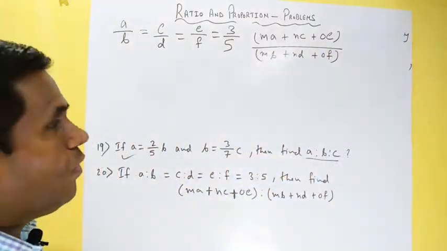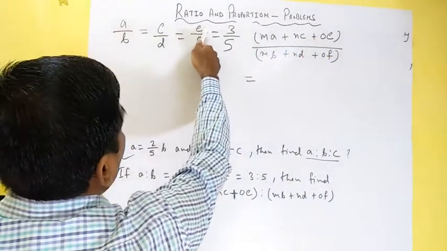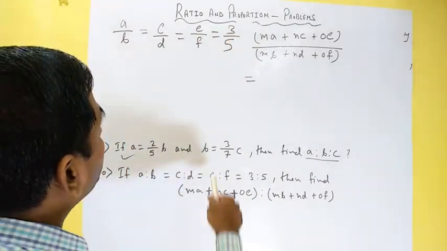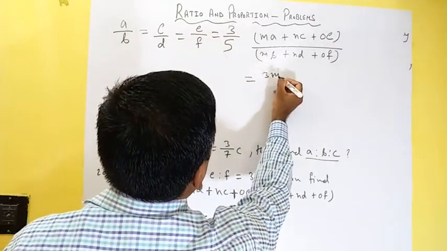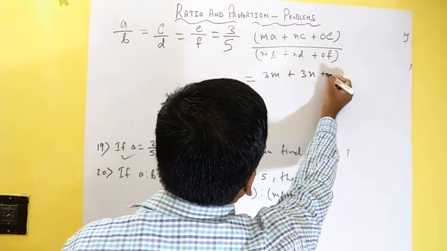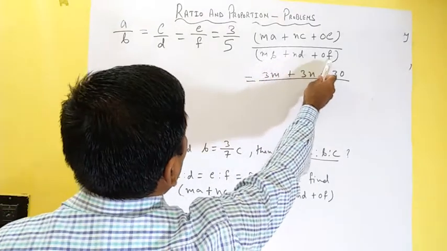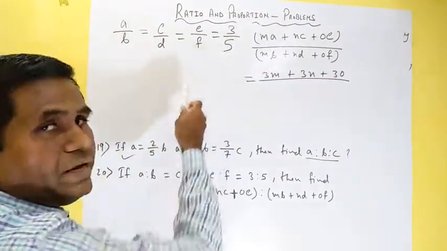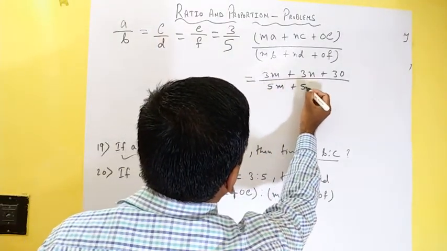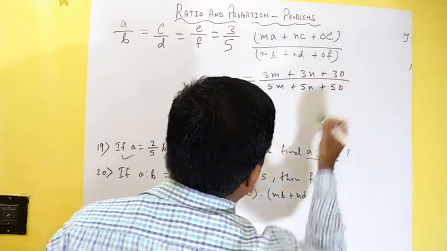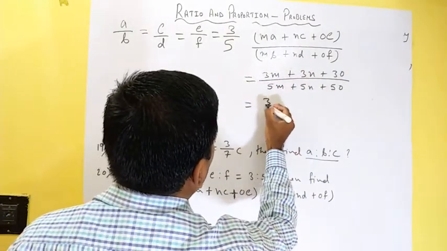Now what I am going to do here is, for A, C and E, we will put the value. What is the value of A, C and E? It is 3. So we'll write 3M plus 3N plus 3O for the numerator. Similarly, for B, D and F, we can write 5. So we'll write here 5M plus 5N plus 5O. Now if you see, 3 is there in all the places, so we can take 3 common.